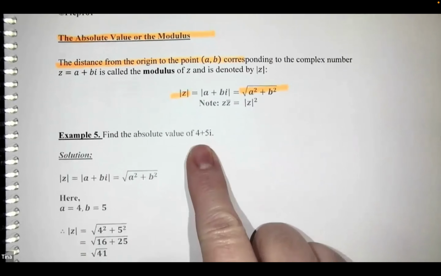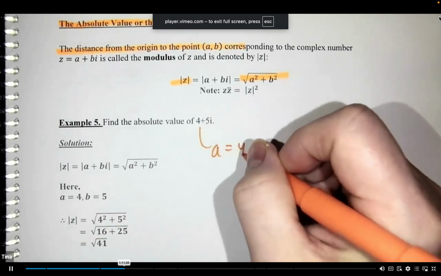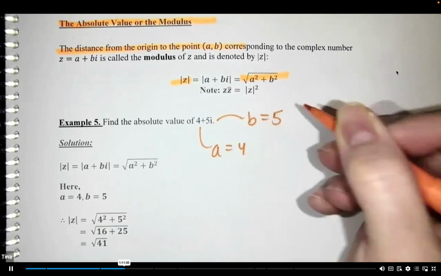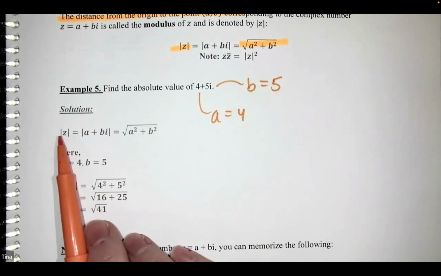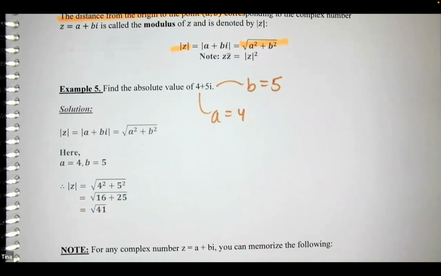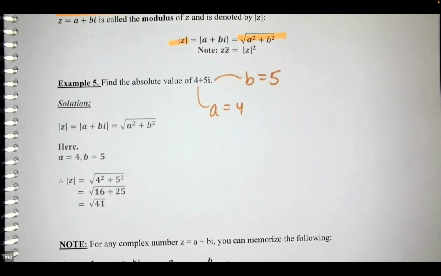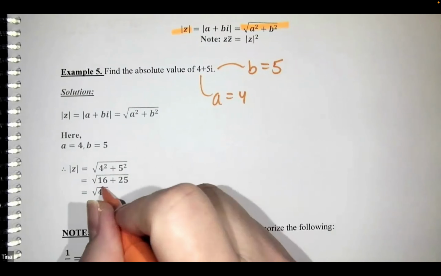So if we want the absolute value of 4 plus 5i, well, my a is 4 and my b is the number in front of the I. So z, absolute value or modulus, is going to be the square root of a squared plus b squared. So square it out and you get root 41. Right? 5 squared and 4 squared. So basically 16 and 25, square root 41.